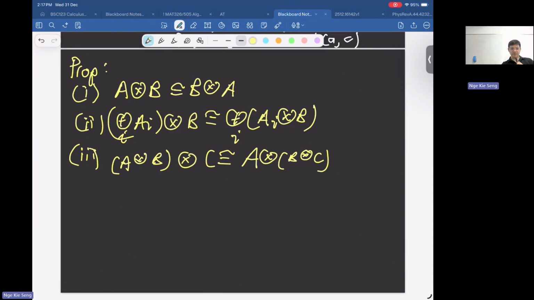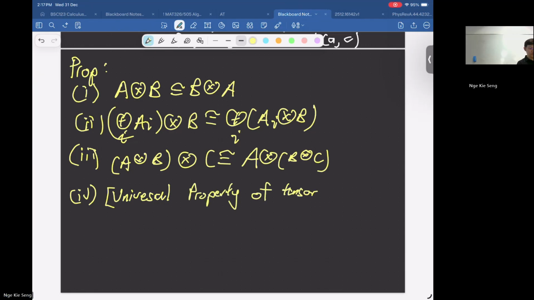I think one very important one I need to tell you is, there are more, but I picked one universal property to say. So this is a very important property of this tensor product, which has something to do with a bilinear map that Jingsen said just now.